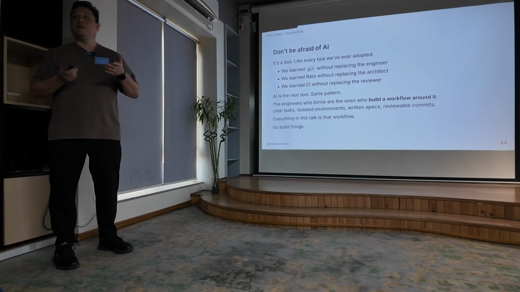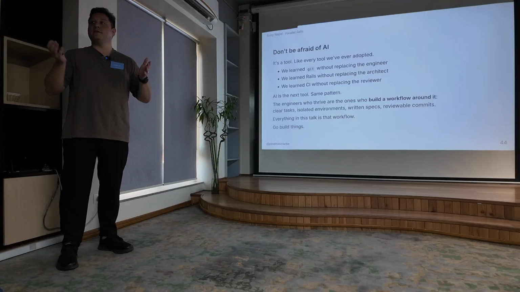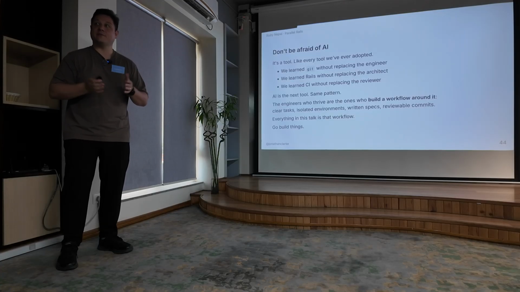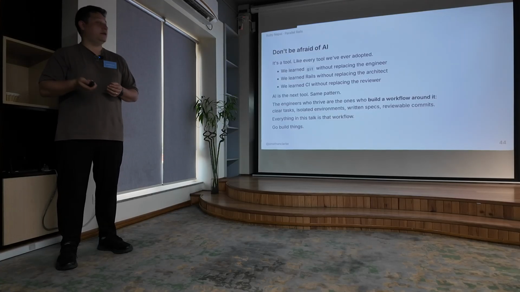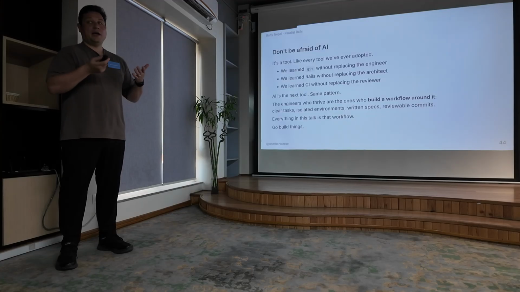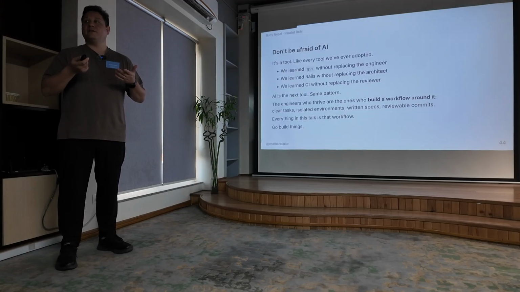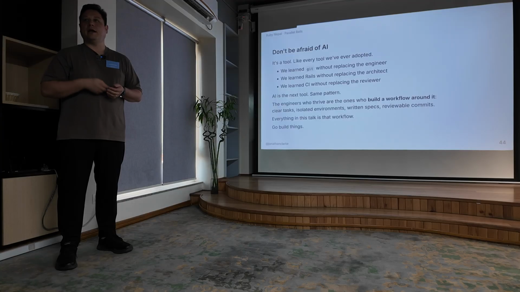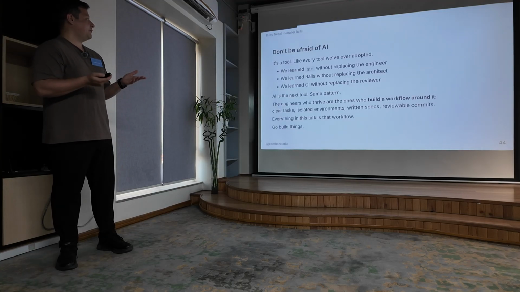There was a fear that Ruby on Rails was going to replace the 30, 40 engineering team that used to happen with Java. And it absolutely did, and it brought the team size smaller. And it made us more lean, okay? And CI, there was this whole fear that CI is going to replace the QA engineer. It just made us all better. It gave us more results faster. Think of AI as another tool. And it's just how we get reinforced feedback quicker, okay? Same pattern.